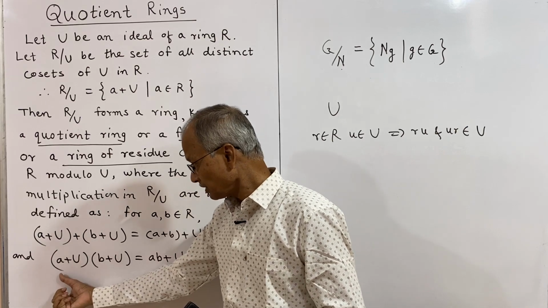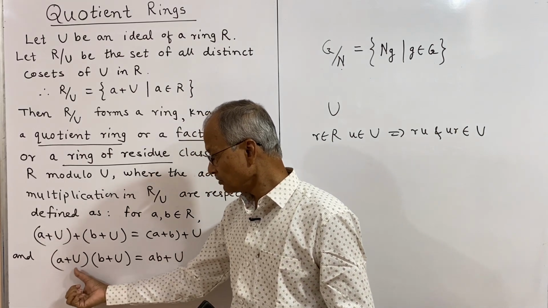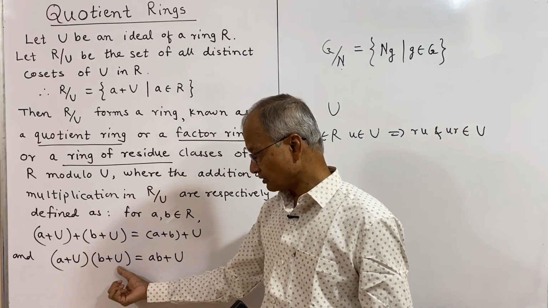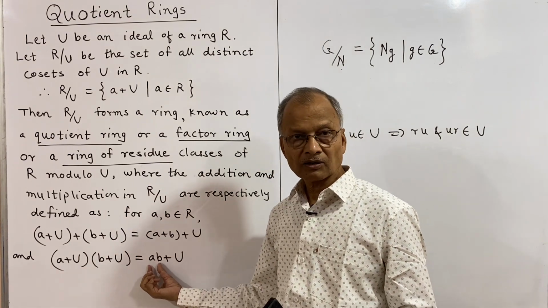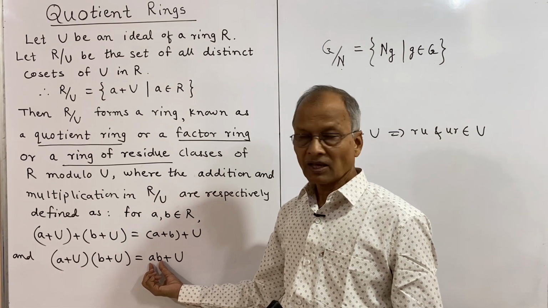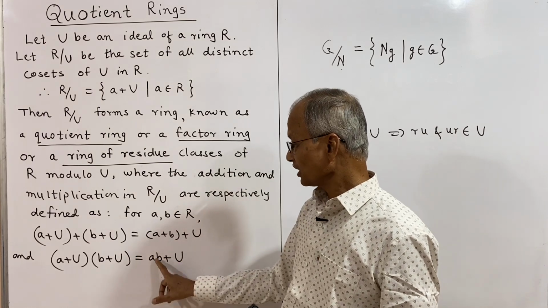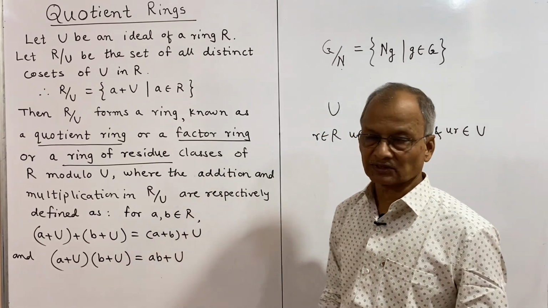And similarly multiplication is defined: (a plus U)(b plus U) is equal to ab plus U, where ab is the usual multiplication in the ring R. R is a ring with this addition and this multiplication operation.